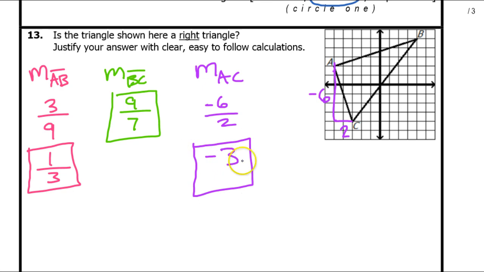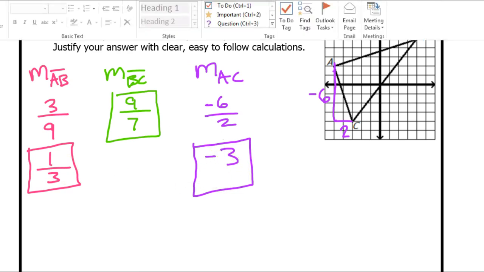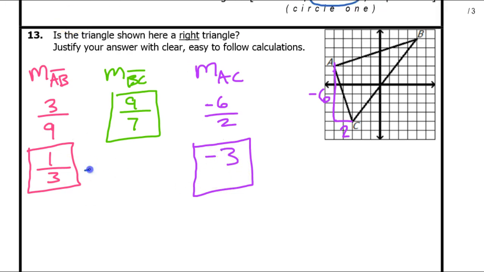Now the question is, are any of these opposite and reciprocal? Well, obviously, nothing is the reciprocal of 9 over 7. The reciprocal of 9 over 7 would be 7 over 9. None of these are 7 over 9. However, what about these right here? The reciprocal of 1/3 would be 3 over 1. And that's really what this is, right? 3 is the same thing as 3 over 1.